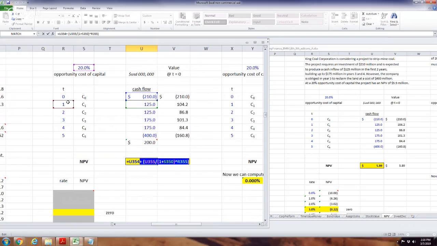Once you have that, you copy and paste. This goes to 356. This goes to 356. It's the same 20.